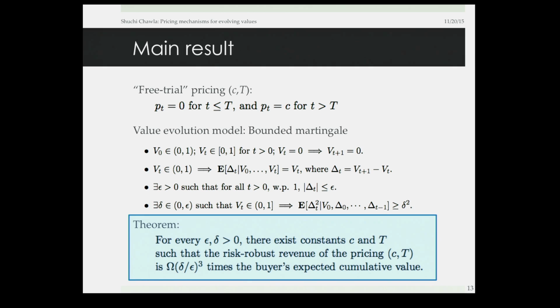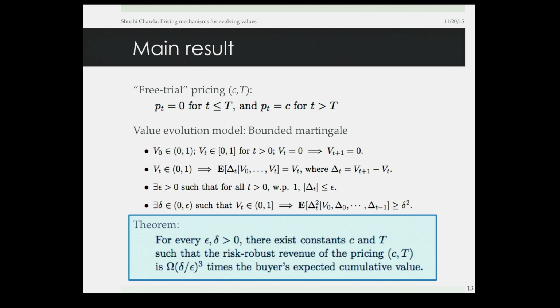Okay, so what is the theorem? The theorem is that if you have a martingale process with these epsilon and delta values, so there's an upper bound and lower bound on the step size, then we can come up with this kind of pricing where we have a free trial period and then a fixed price that obtains an approximation to the cumulative value that depends on the ratio of epsilon and delta.